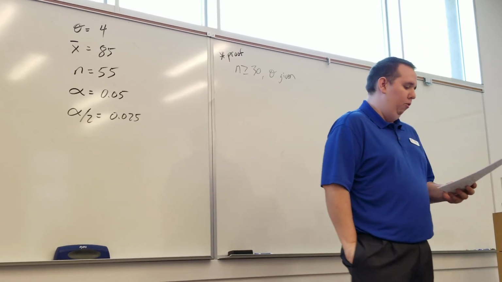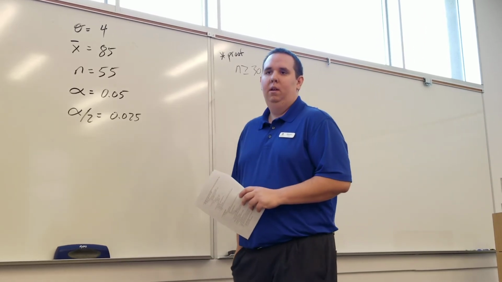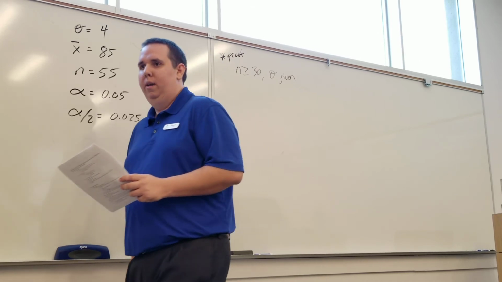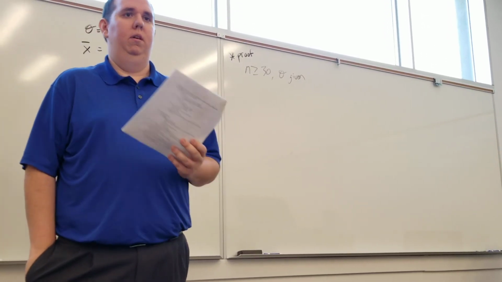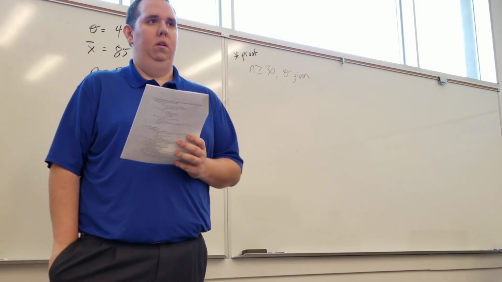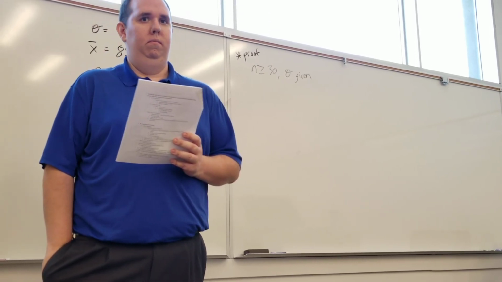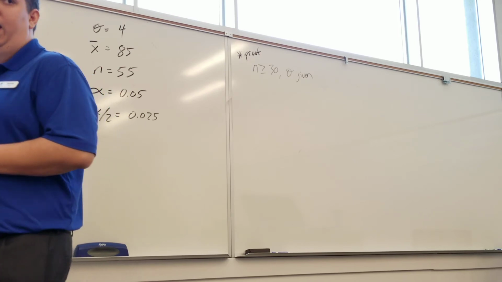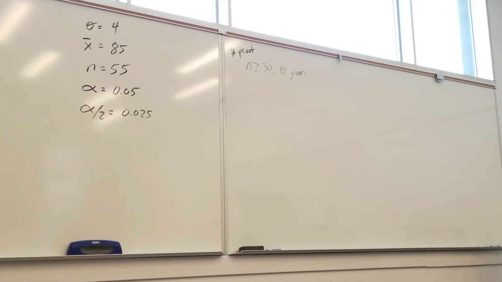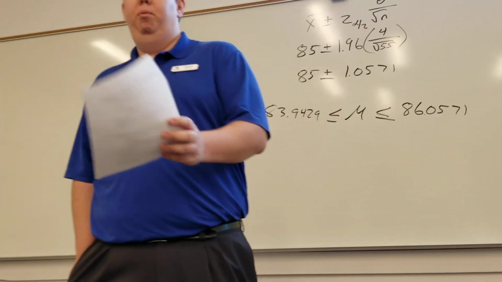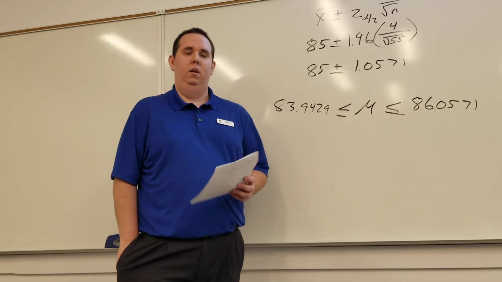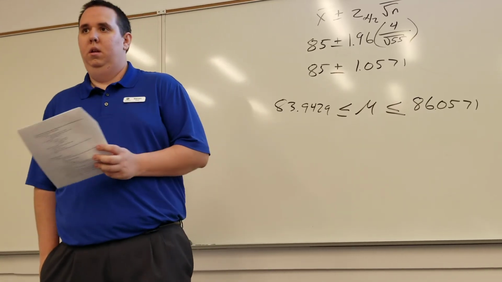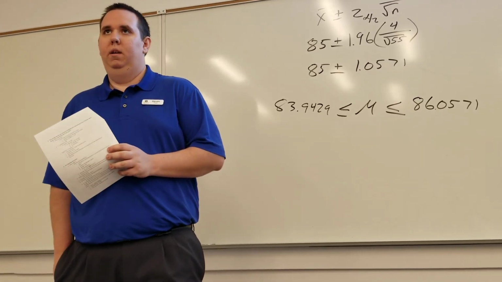How about 82% confidence? What is alpha under 82% confidence? 0.18, so 0.18 divided by 2, 0.09. And when we look up 0.09 in our z table, what do we find?